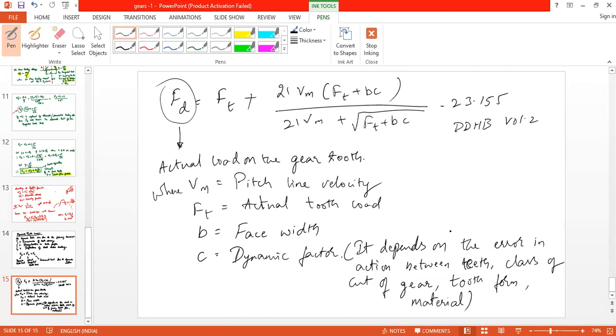So these are the factors to be considered while obtaining the value of C.